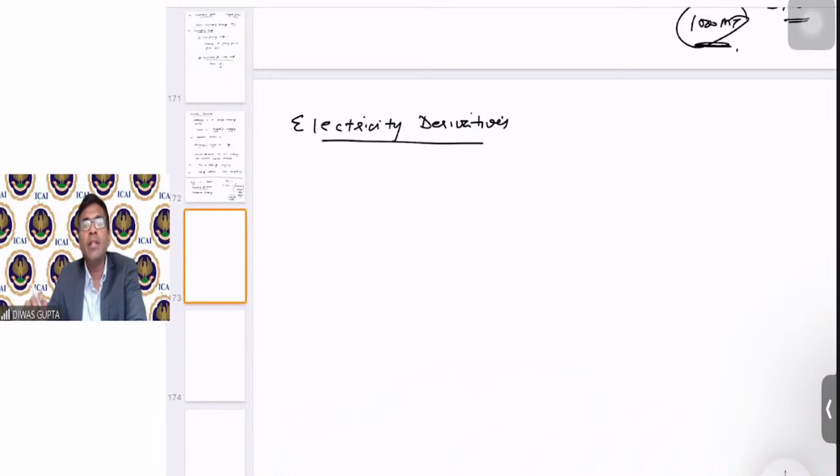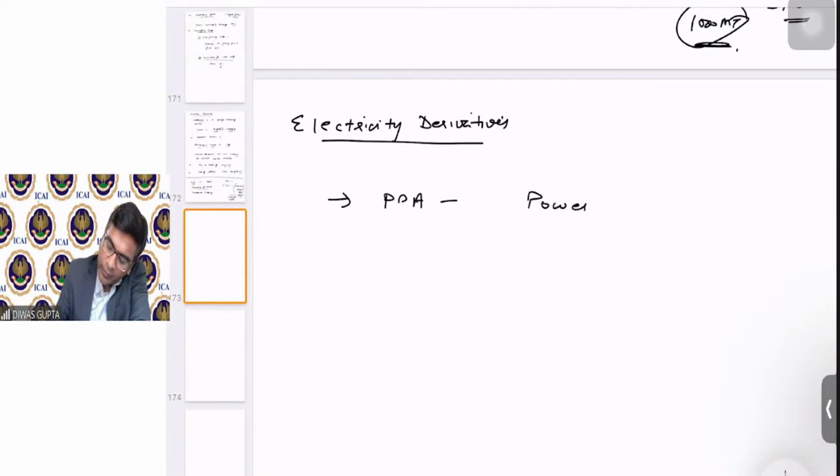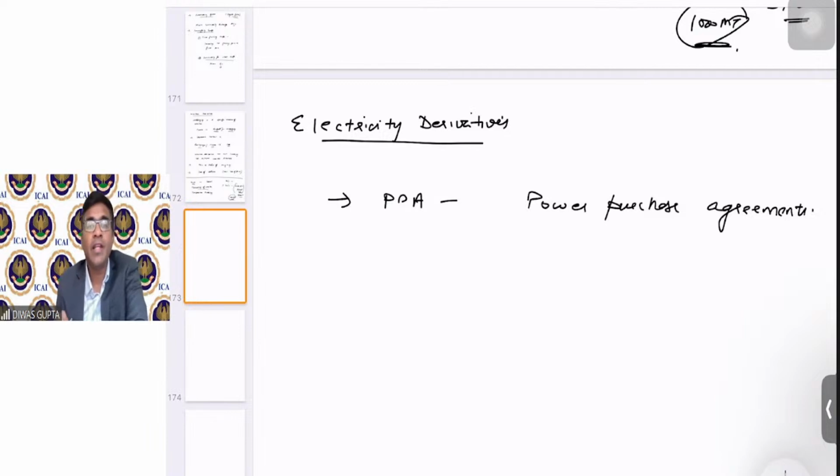So electricity is produced by the electricity producers and sold to government-related companies through power purchase agreements, right? So PPAs, we call them, power purchase agreements. The producer of this electricity will sell the electricity to the government's company.